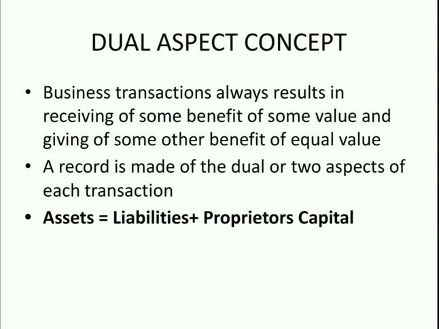It is because of this concept we have the accounting equation, plus the aspect of debit and credit. So let us see what the dual aspect concept has to say. Very clearly given in the meaning, a business transaction always results in receiving of some benefit of some value and giving of some other benefit of equal value.